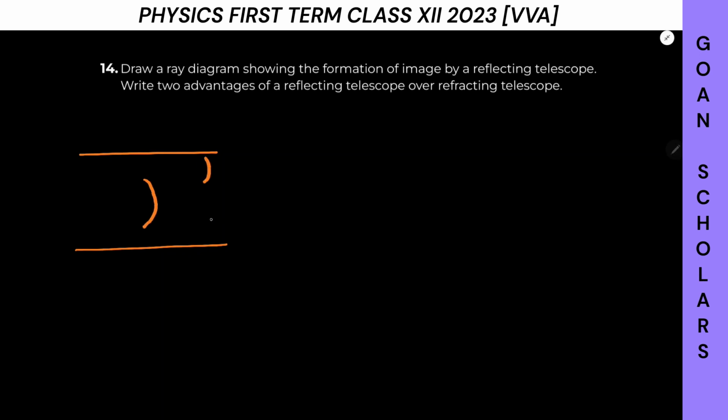We have another mirror over here and we have another mirror over here. This is connected like this, and this is our eyepiece, and here this is our concave mirror. So it is polished from outside like this.